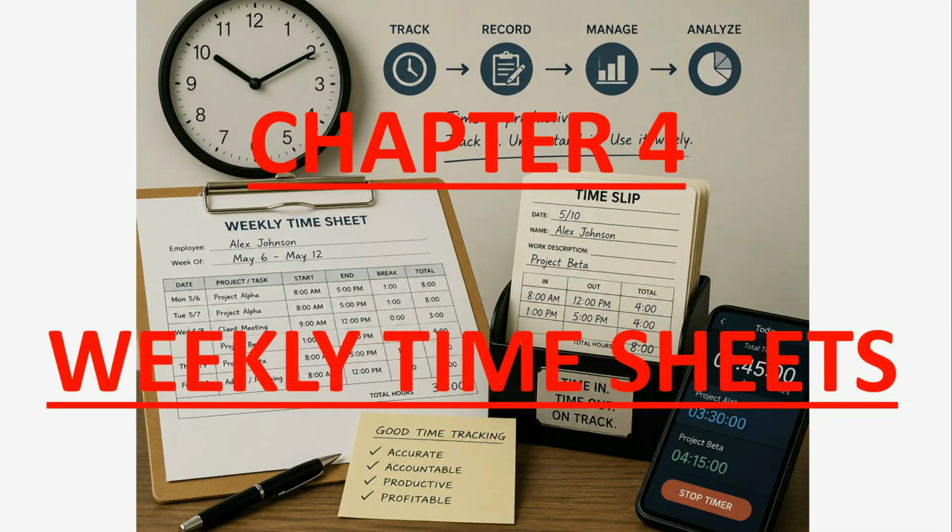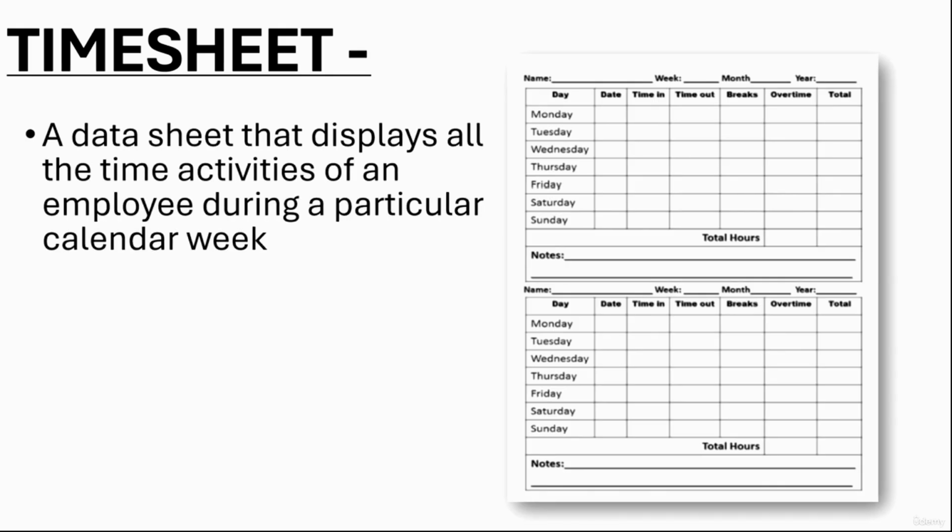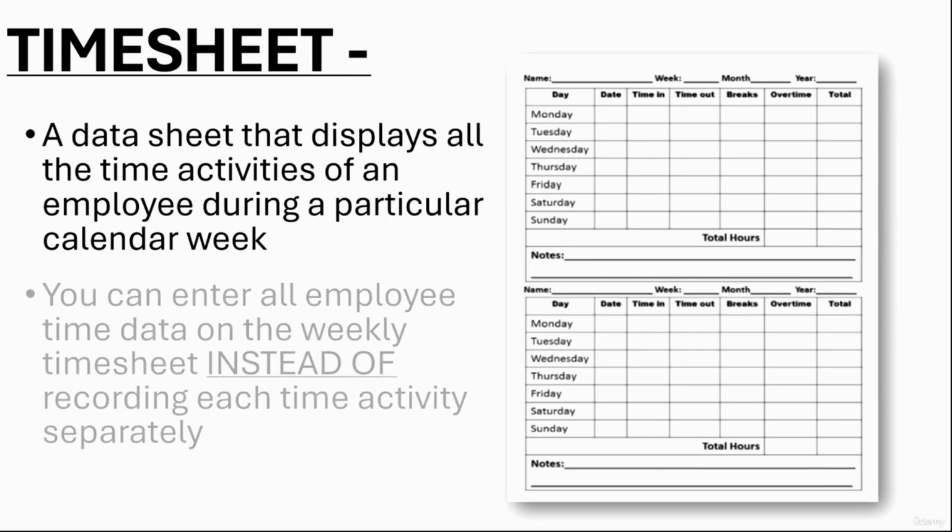Chapter 4, Using Weekly Timesheets. In QuickBooks Online, a weekly timesheet is simply a data sheet that displays all the time activities of a particular employee during a particular calendar week.